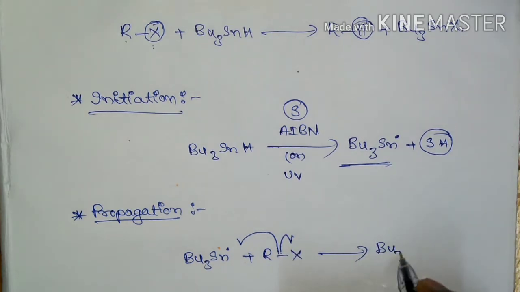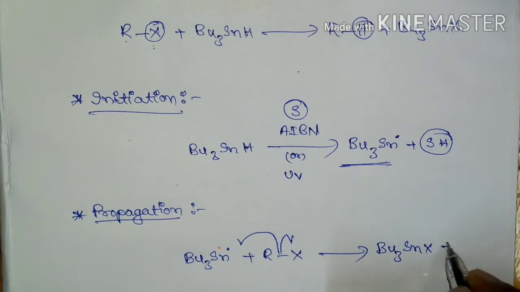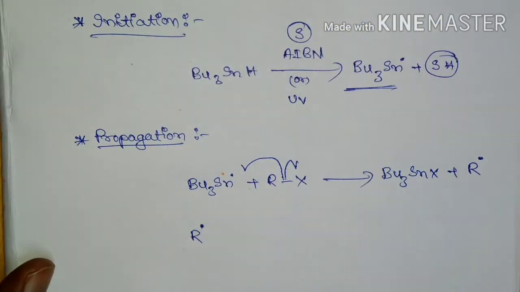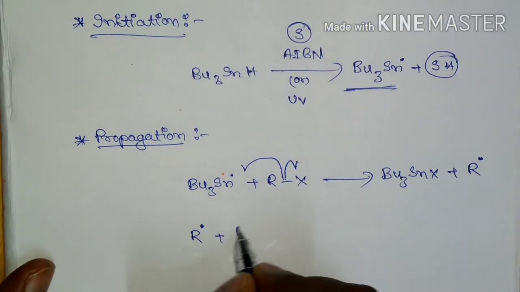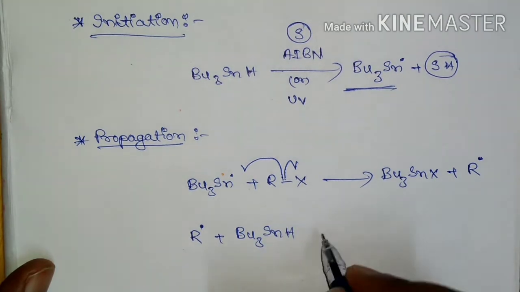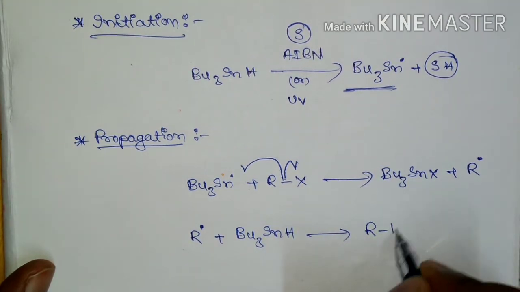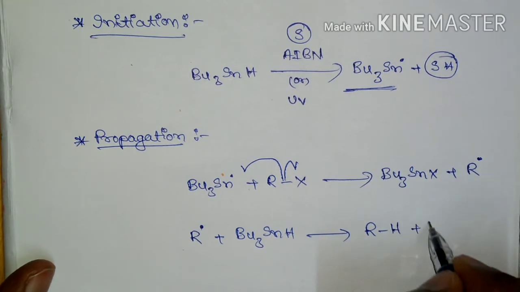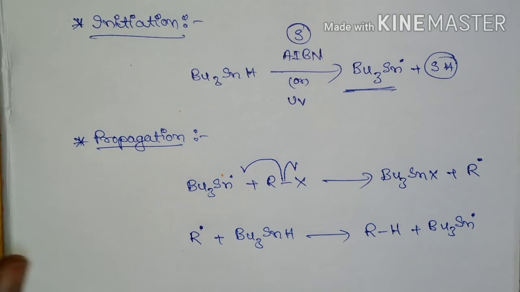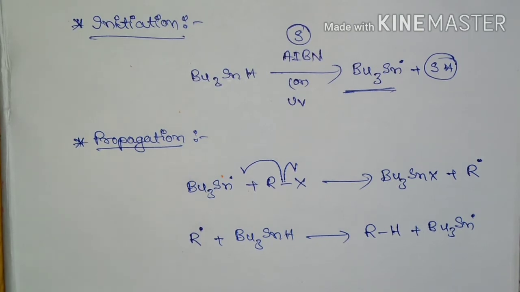It is going to form tributyl tin halide, and an alkyl free radical will be generated. The alkyl free radical formed is going to react with tributyl tin hydride and form the hydrocarbon, and there will be generation of tributyl tin radical, and this tributyl tin radical will keep on generating.